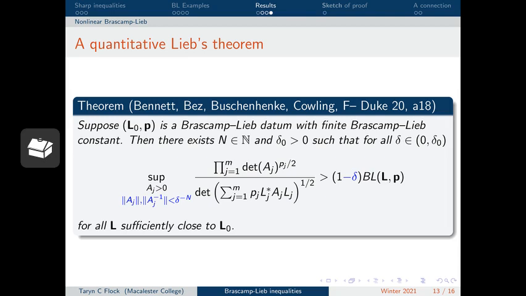Lieb's theorem told me that I could understand the best constant in the Brascamp-Lieb inequality by understanding this supremum over all positive definite matrices.